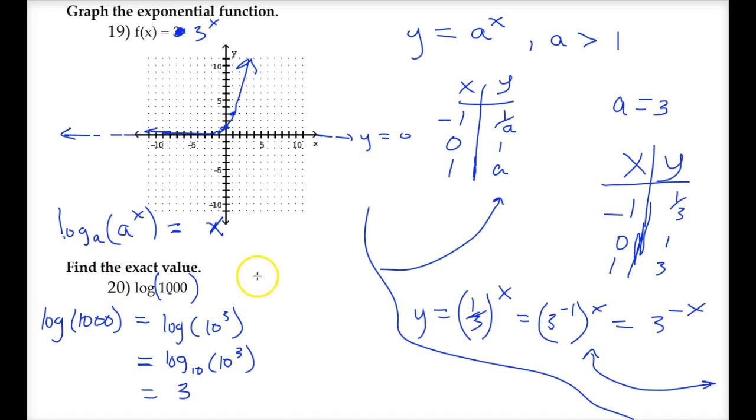Now, the other way that we can do it is we could use another property. If we have log base a of some m raised to the p, then what we could do is move that p out and say p times log base a of m.